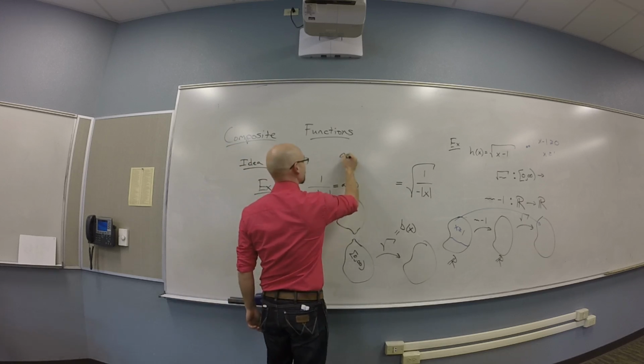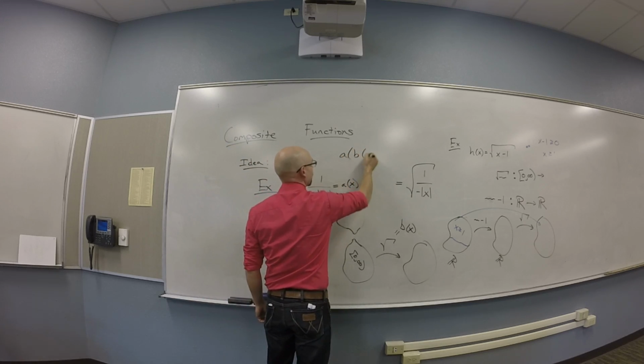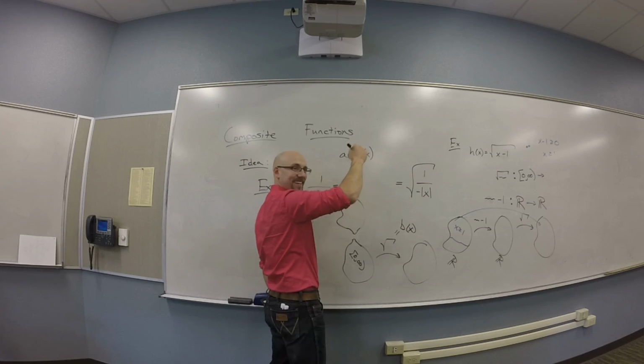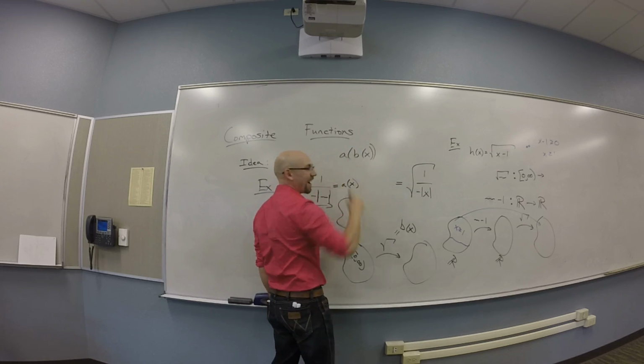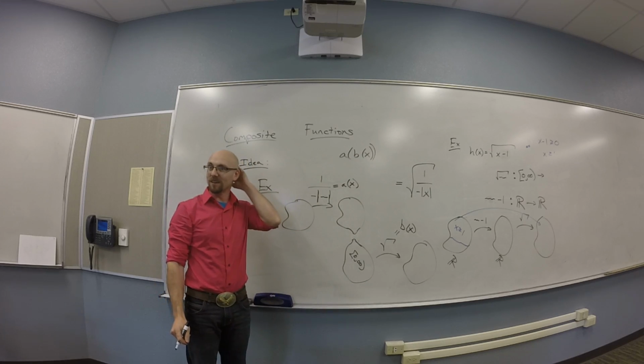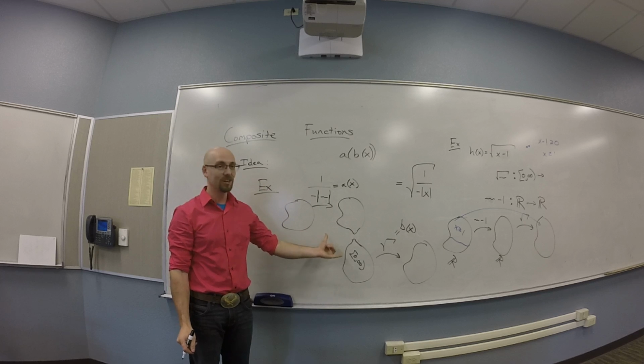You're thinking like this, right? a of b of x. No, that wasn't what I was thinking. How about this? Is that right? Which thing are you doing first in there? If you feed an x in, you do the thing in the parentheses first, right? So you're going to do b first. Is that what I have in my picture?